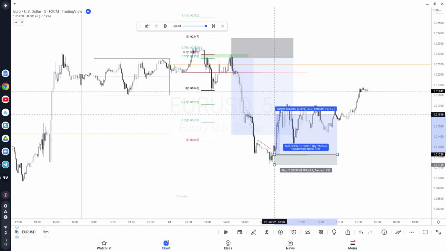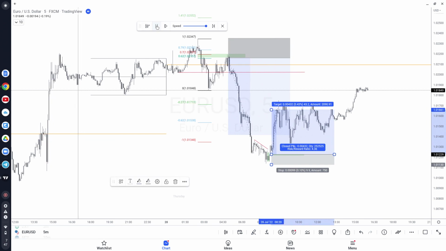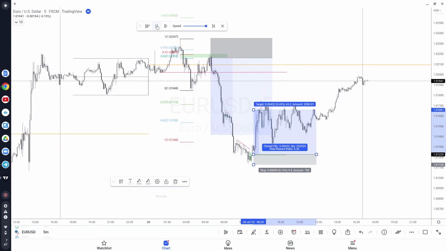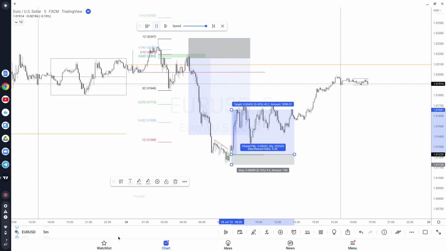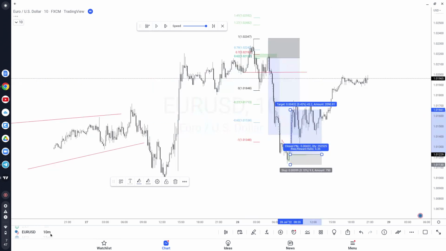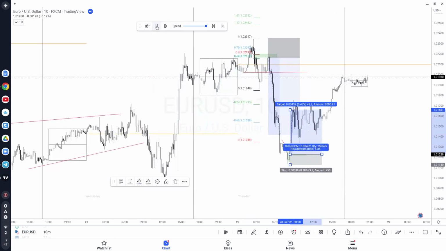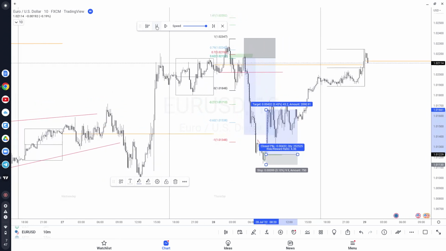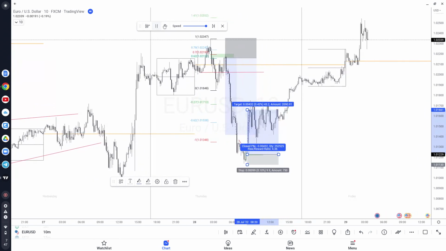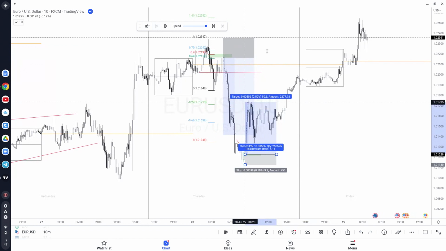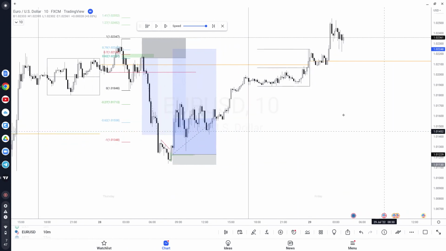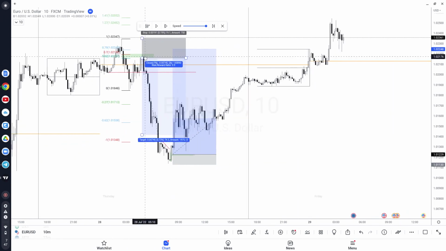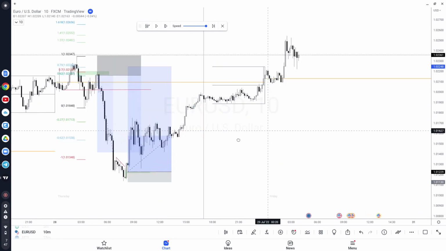First target would be these equal highs. That's a 1 to 4, and then we actually run. So I want to say, I think I pulled out of this trade right here, right at 1 to 10. Yeah, once this high was taken, that's when I pulled out.